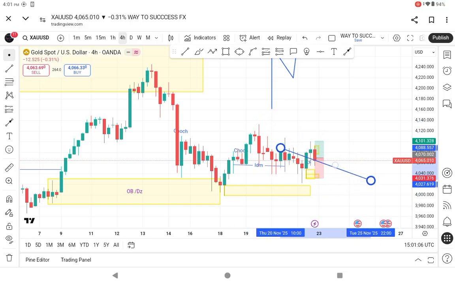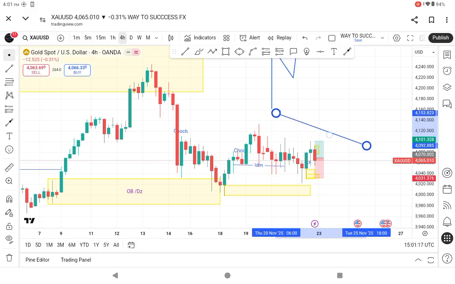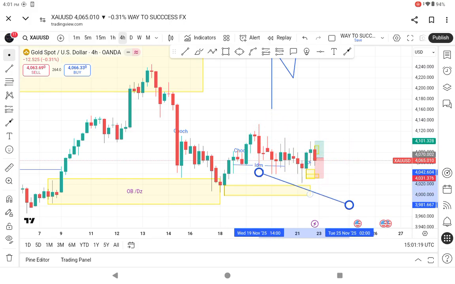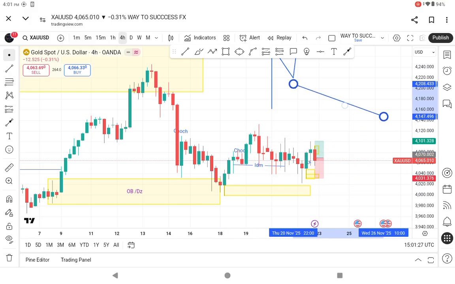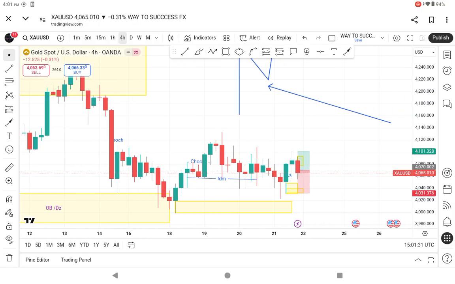But when I saw this pullback with these two red candles and the continuation with two green candles going to the upside, I know that this pullback, price might come back to take it. So that is why I am not too anxious to trade with the 15 minutes structure anymore.